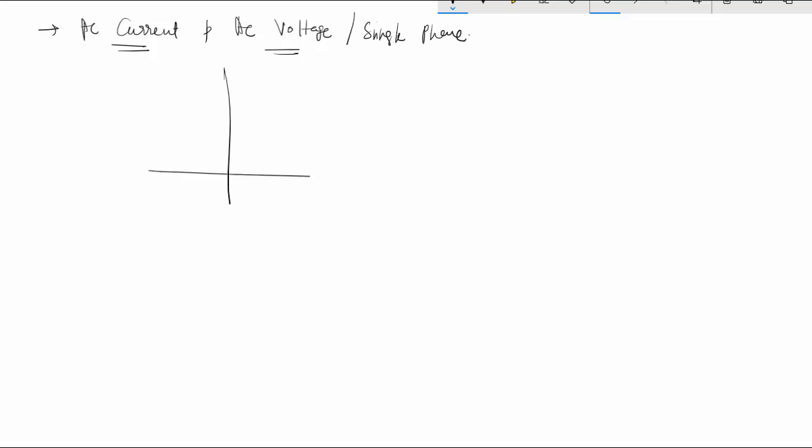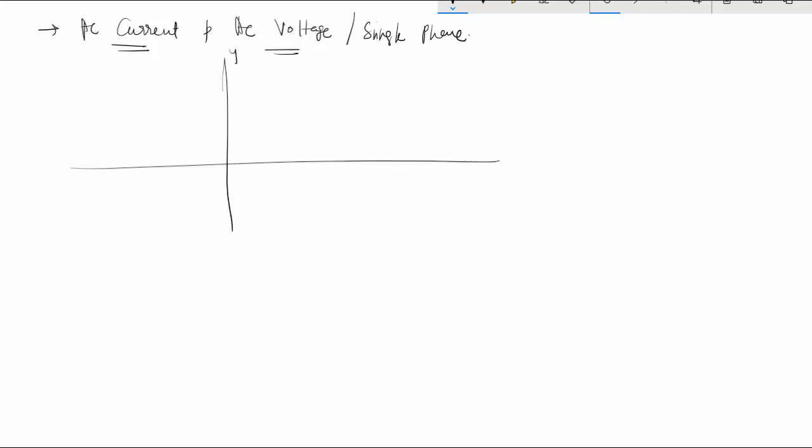So in this video I will derive the equation for the AC current and AC voltage for single phase. Suppose you assume that there's an XY plane.